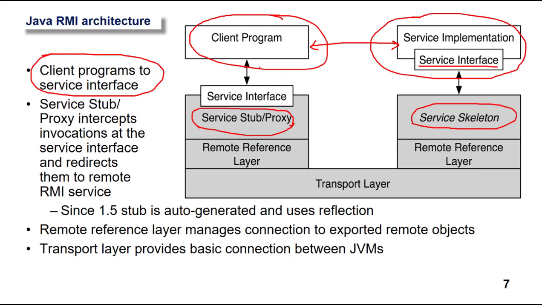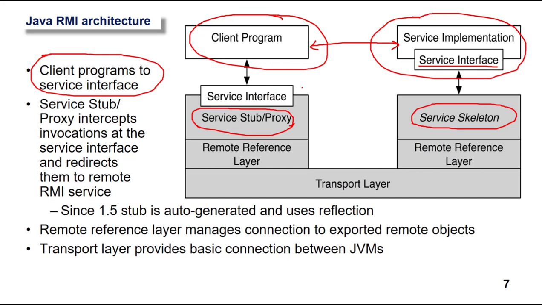What that means is that it's a simple case of calling one of the methods provided by the interface, and then the stub packages that method call into a message, and the message is formatted in a way that it can be transported over the internet. The internet has a specific format in which messages are packaged up, and the stub knows how to do that. It creates the message that can be transported over the internet.